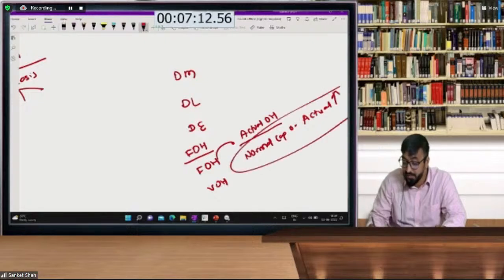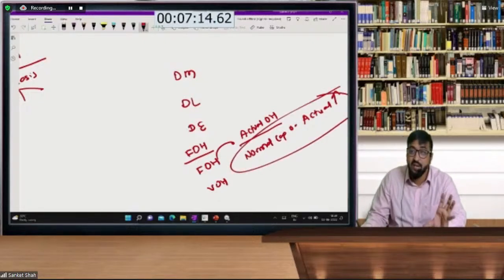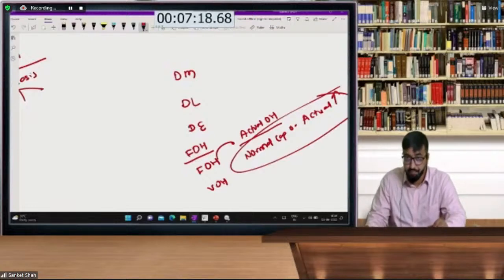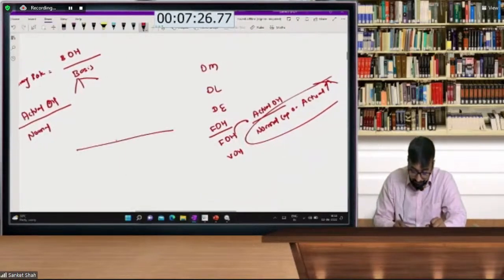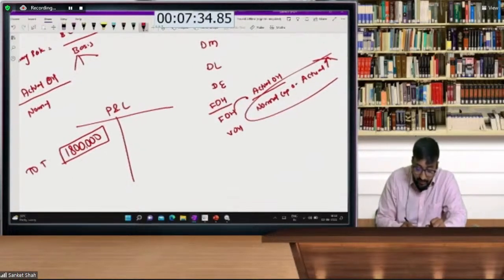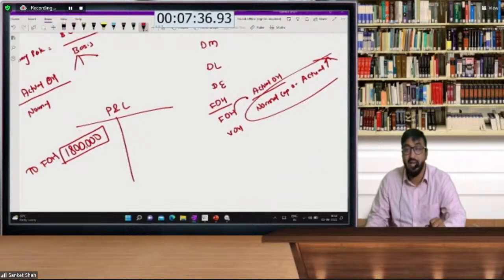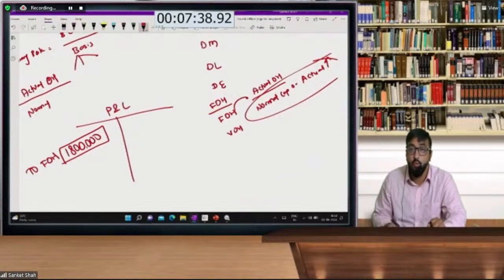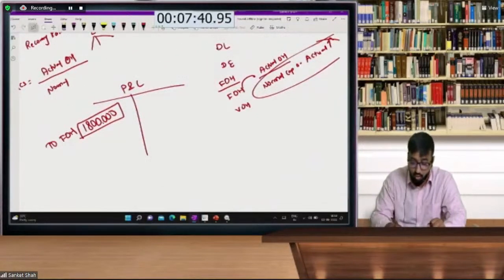So this is Sanket sir's principle. In the study material it is not given. This is a standard principle that normal capacity or actual capacity, whichever is higher, and reasons are given by the institute. In our example, in the P&L account, we consider factory overheads of 18 lakhs rupees.